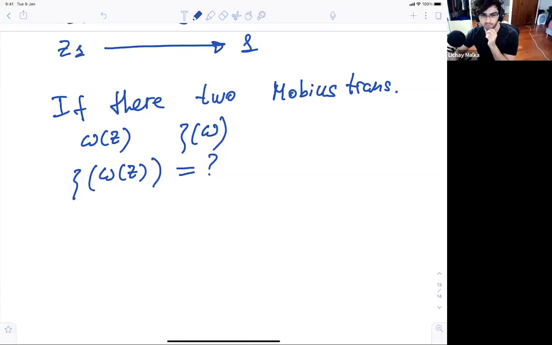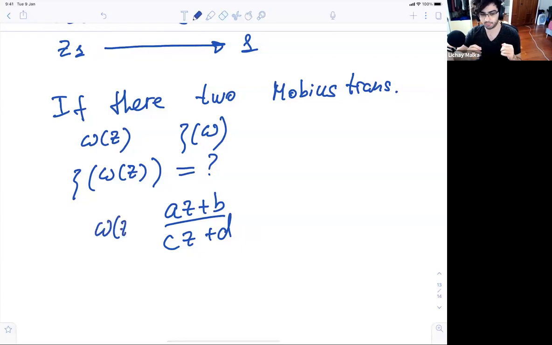So we said that w of z, the general Möbius transformation, can be written like this. It can also be separated into a part that is dependent on z and a part that is independent of z.